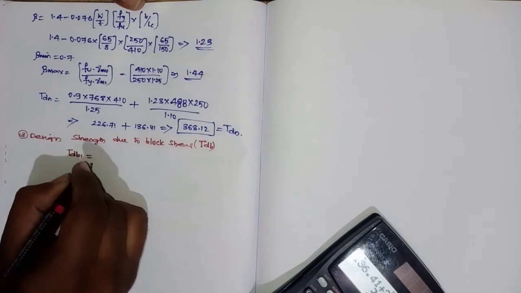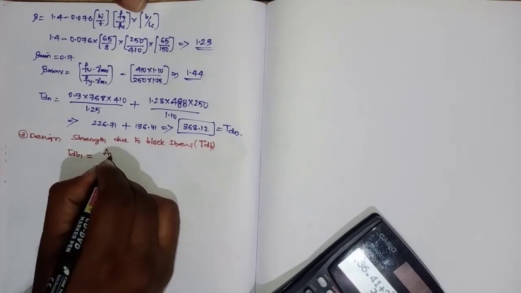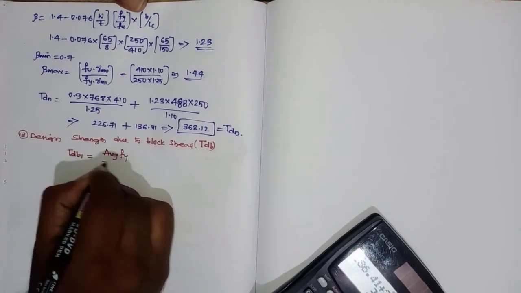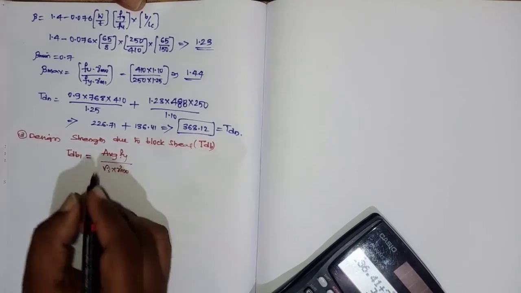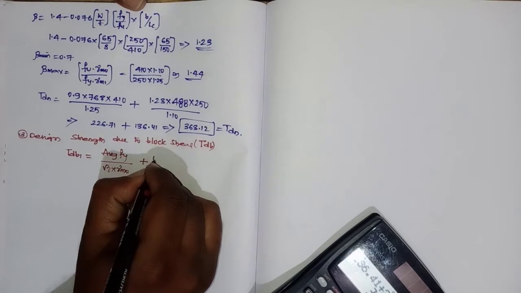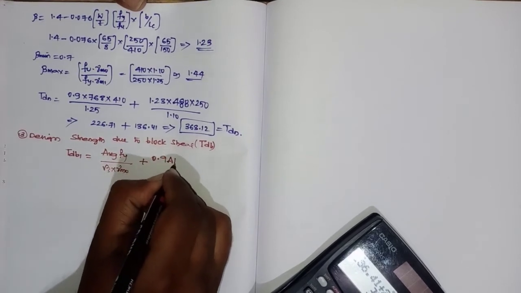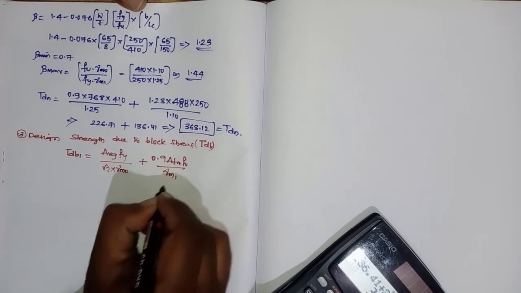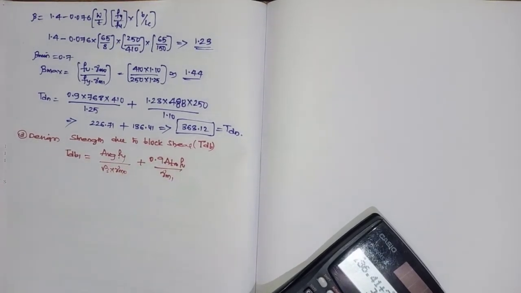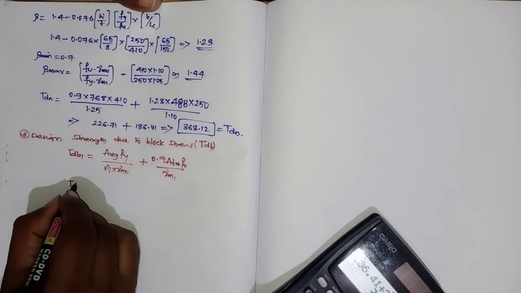TDB1 equals AVG Fy by root 3 into gamma m naught plus 0.9 ATN Fu by gamma m1. This is what? TDB1.